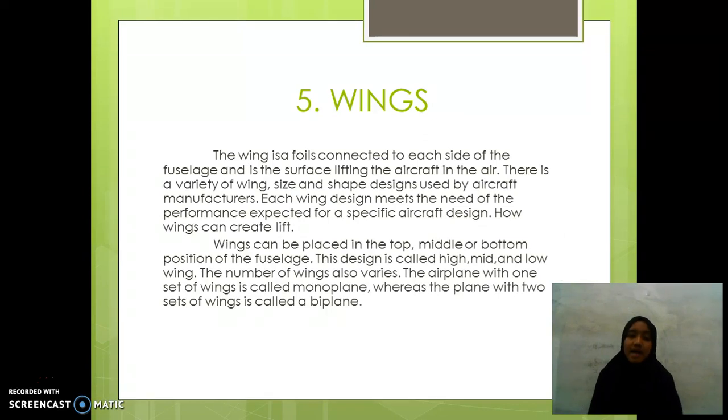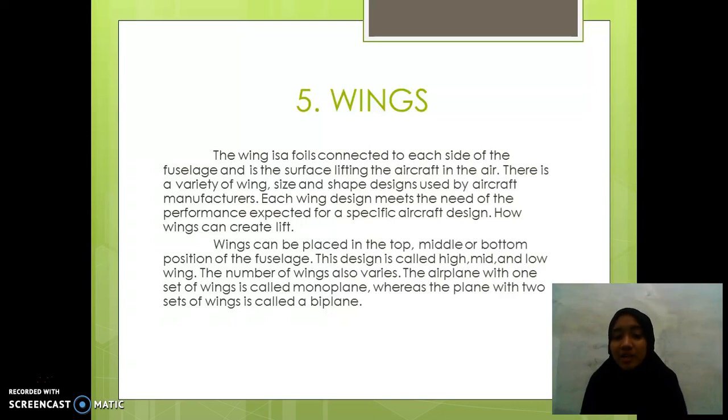Next, wings. The wing is a foil connected to each side of the fuselage and is the surface lifting the aircraft in the air. There is a variety of wing size and shape designs used by aircraft manufacturers. Each wing design meets the performance needs expected for a specific aircraft design.